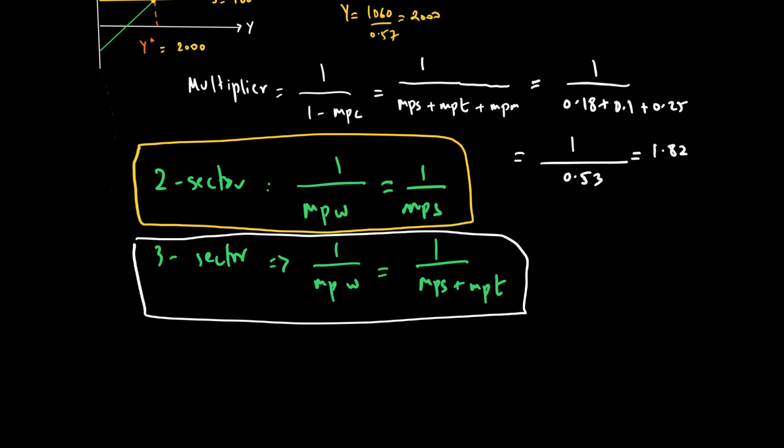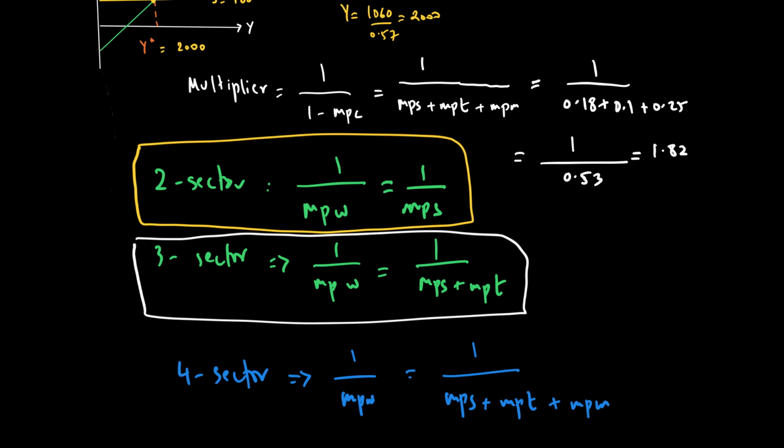while in a four-sector model my multiplier is 1 over MPS plus MPT plus MPM, which means now I have more withdrawals happening.